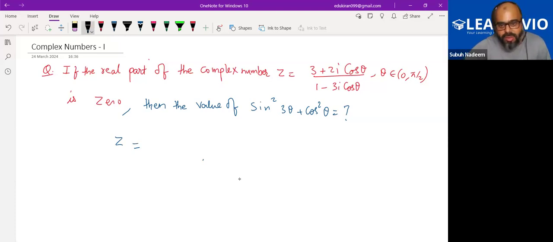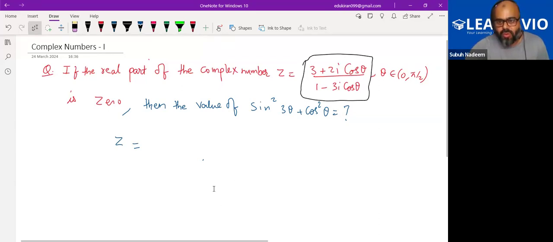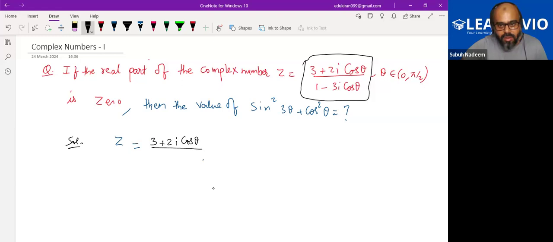Right now, z is not in the form x plus iy, because the numerator has 3 plus 2i cos theta and the denominator is also complex, 1 minus 3i cos theta. So you write it as 3 plus 2i cos theta upon 1 minus 3i cos theta, and you multiply with 1 plus 3i cos theta in the numerator and in the denominator.